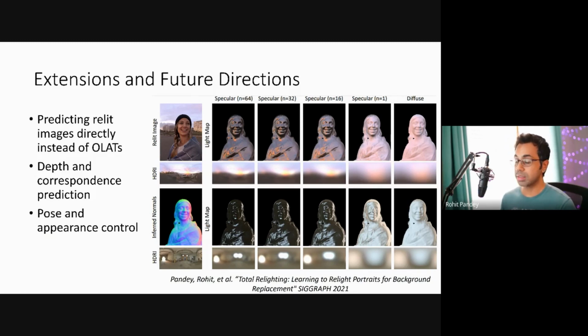In the total relighting work, what we did was we proposed light map representations, which were something like an RGB extension of the specular map and the light visibility that was used for deep relightable textures. Basically, for the diffuse component of these light maps, we pre-convolved the HDRI maps to simulate the aggregation that would have been needed otherwise.